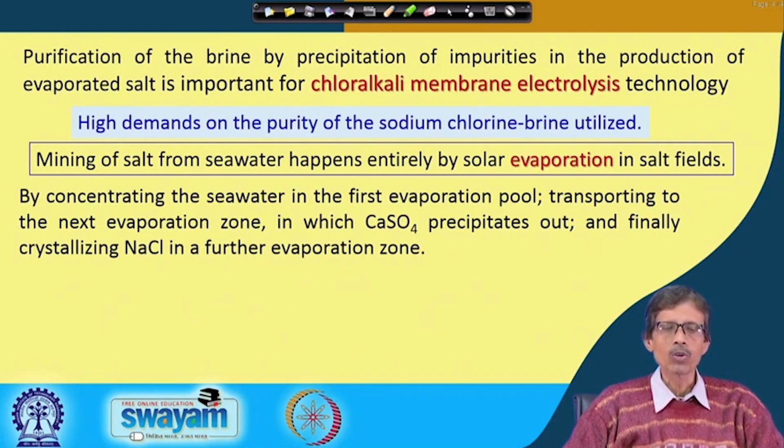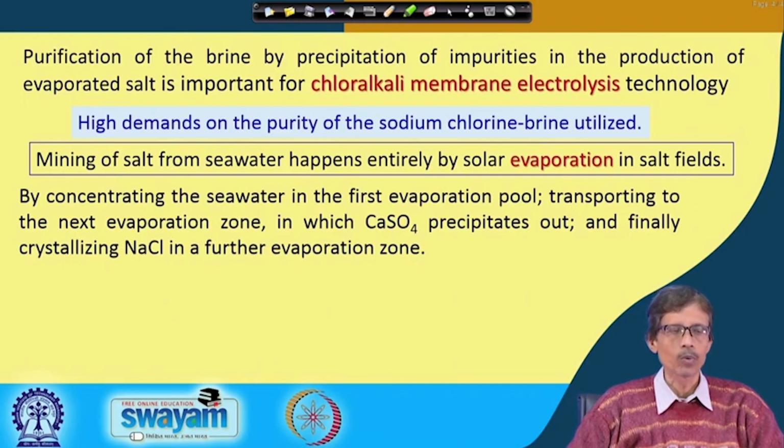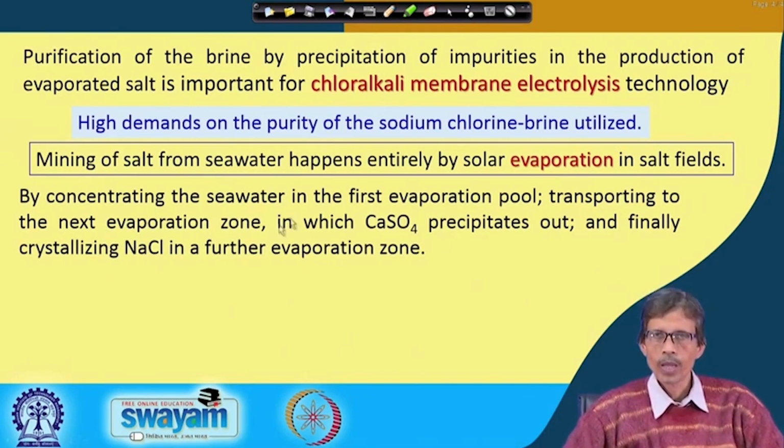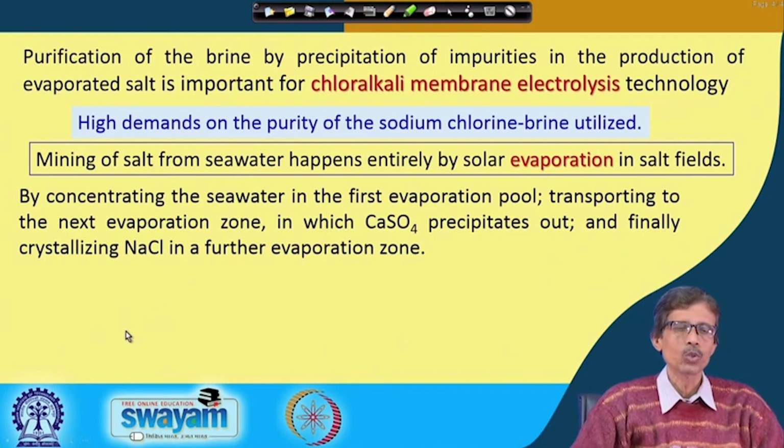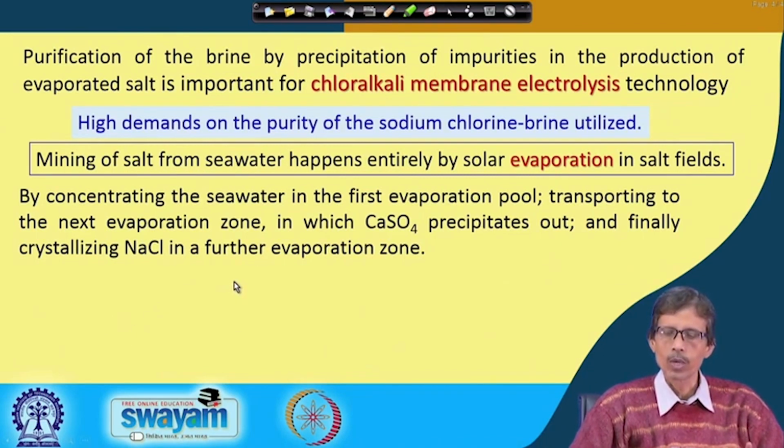The brine will also supply some amount of calcium sulfate cake to you, and finally we push the concentrated sodium chloride solution to the next zone for further evaporation, which is known as the further evaporation zone. There we are looking for the crystallization of sodium chloride.